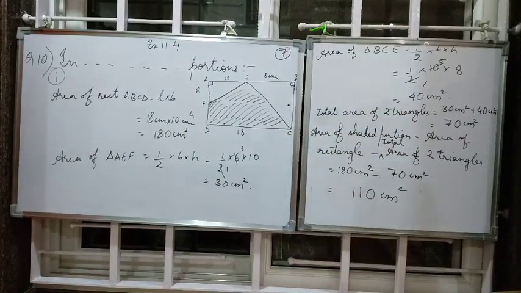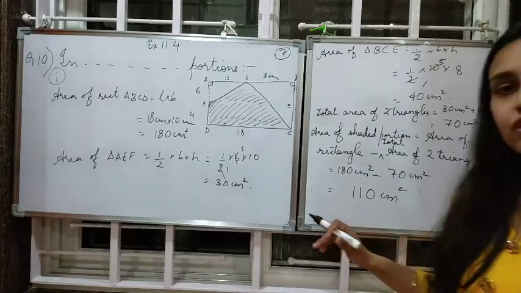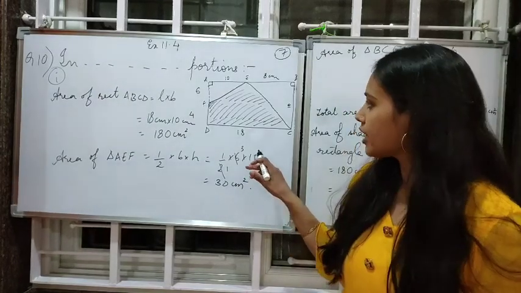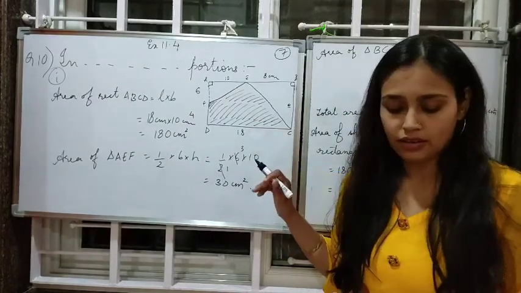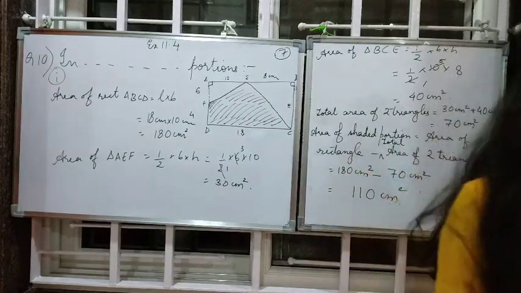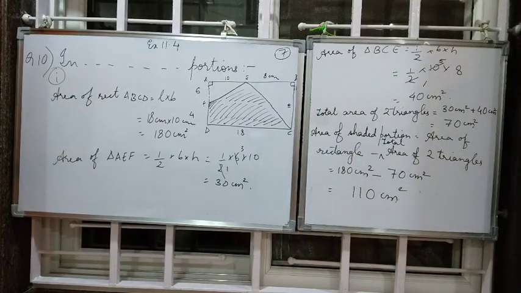Okay. Now we do the next question. The next question is also the same type, children. Again, we have to find the area of the shaded portion. So let's do it.